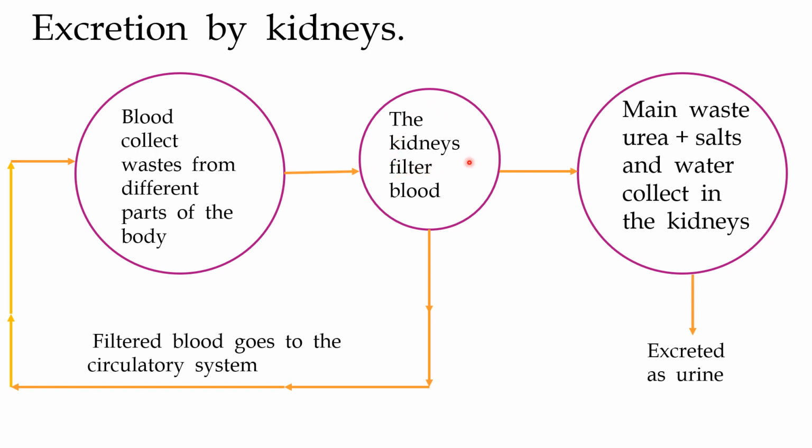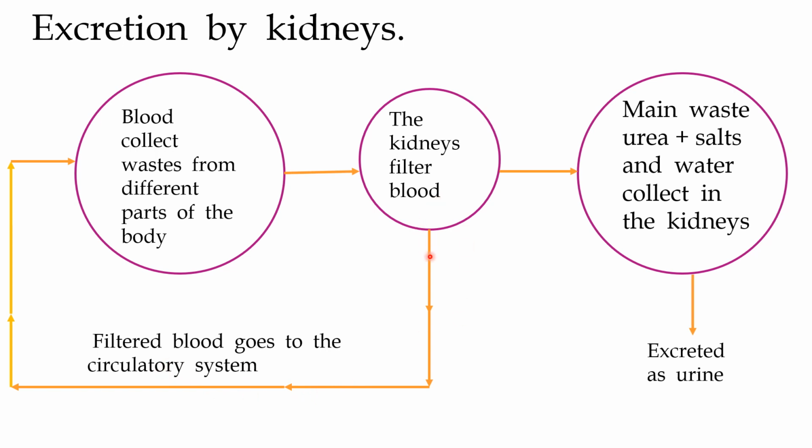Now the kidneys filter the blood just like how the lungs throw out the carbon dioxide and refill the blood with oxygen. The same way kidneys also clean the blood and send the clean blood back into the circulatory system.